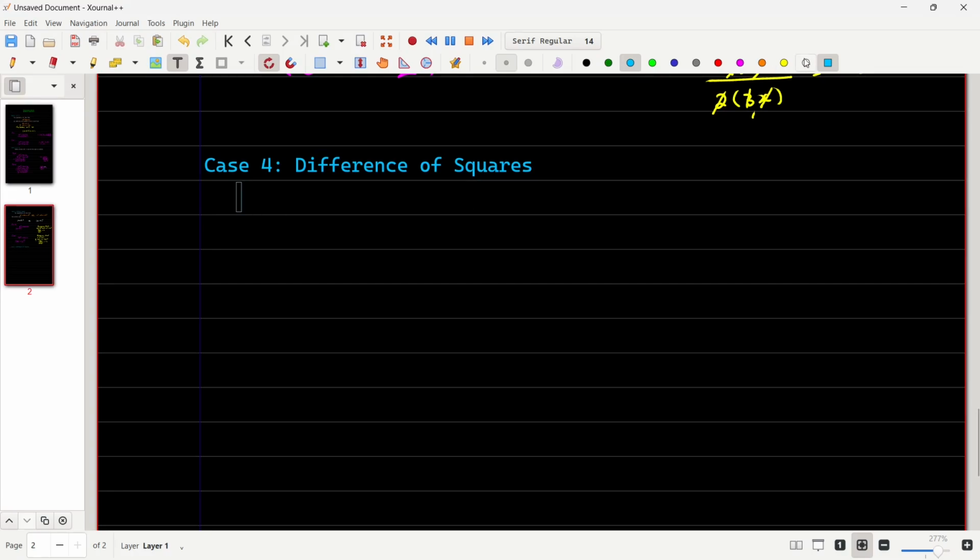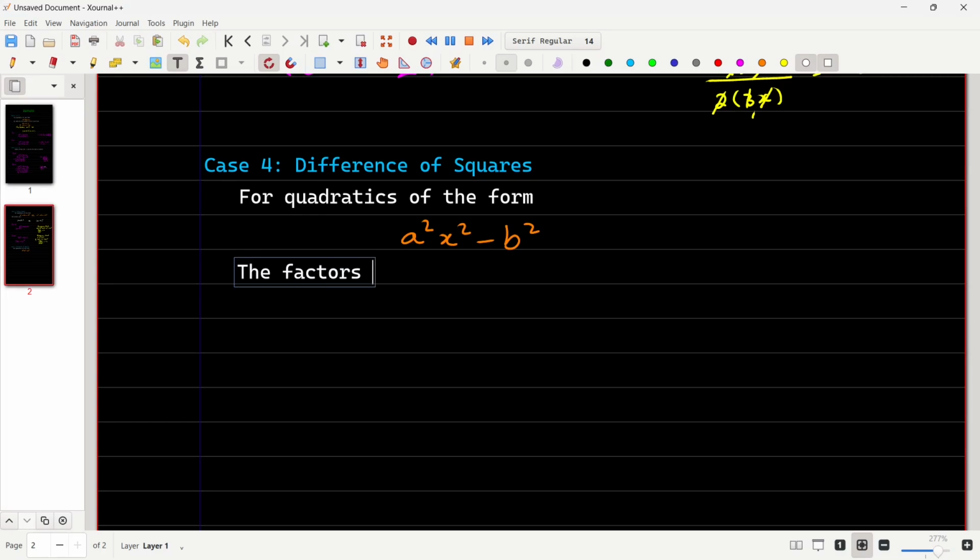So for quadratics of the form a squared x squared minus b squared, the factors are going to be ax plus b and ax minus b.